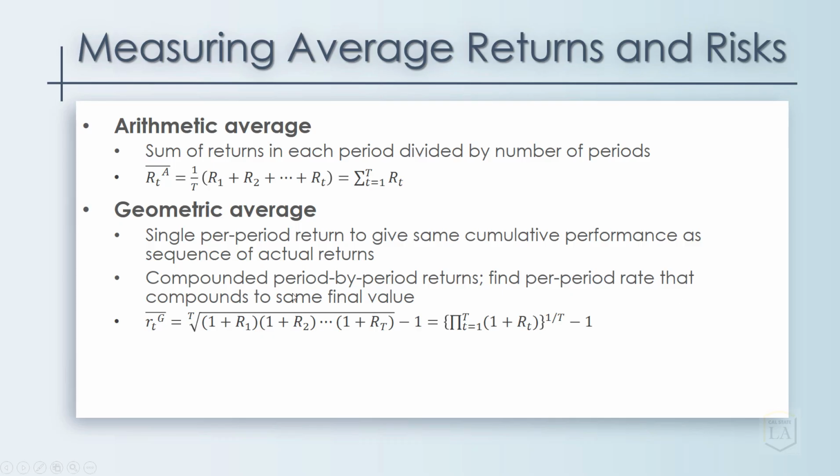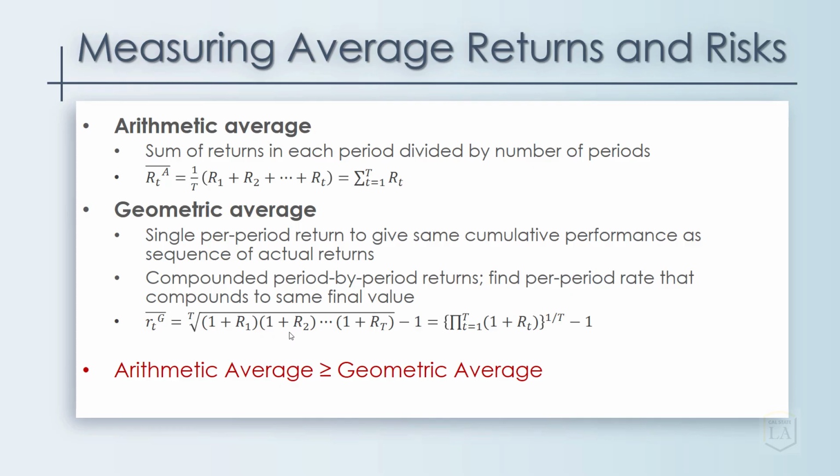What we are assuming here is that these returns are being compounded, and we want to find the per period return that would compound to the same final value. This would give you the formula to compute the geometric average, and this will be much more easily understood with an actual example in the next slide.